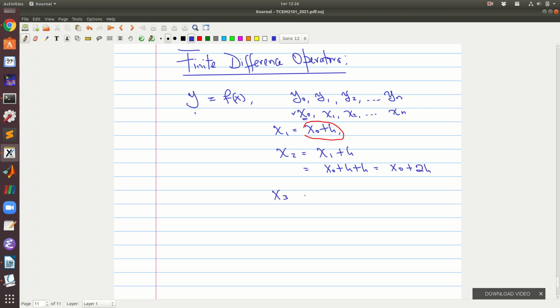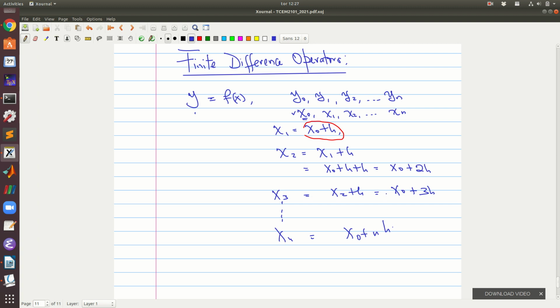Similarly, x3 will be x2 plus h, and when you make the substitution, you'll find that it is x0 plus 3h. So generally we shall write xn as x0 plus nh.